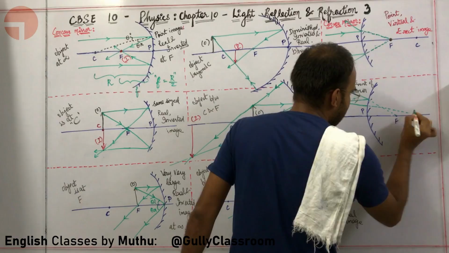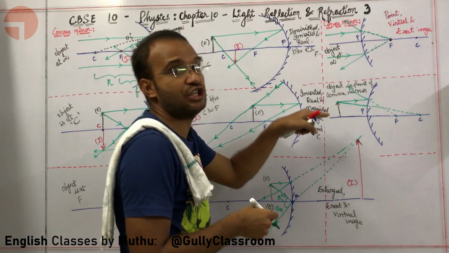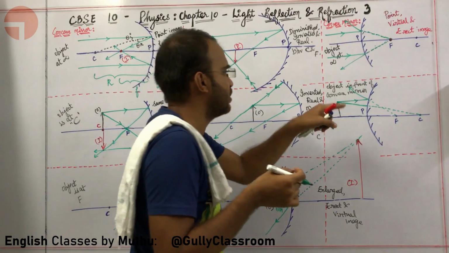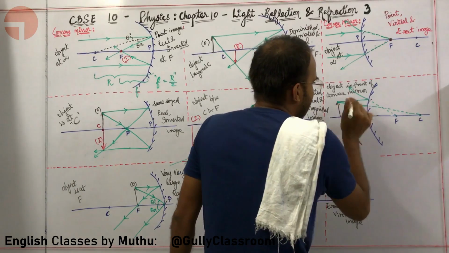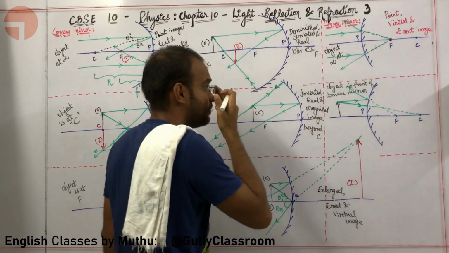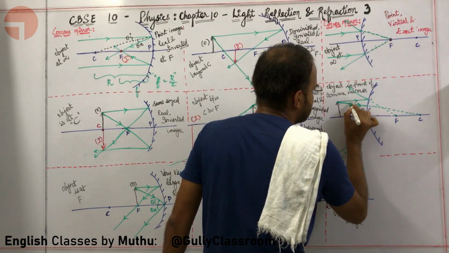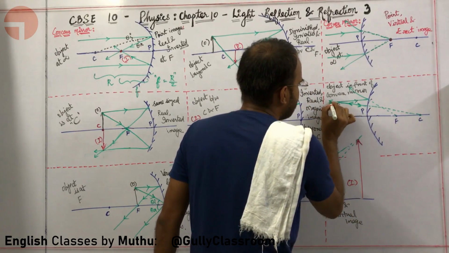That is the line which is passing through C. A light ray which is passing through C is called a normal. For a normal, the reflected path is going to be the same as the incident path. A light ray coming like this will simply be reflected along the same path.